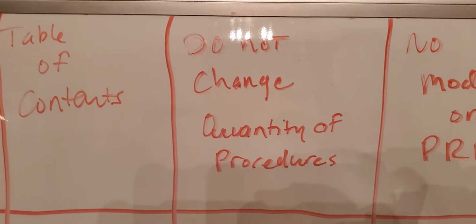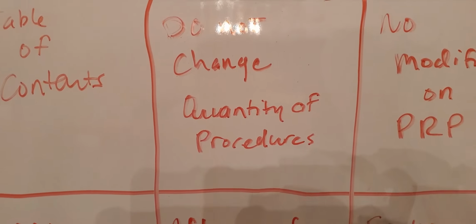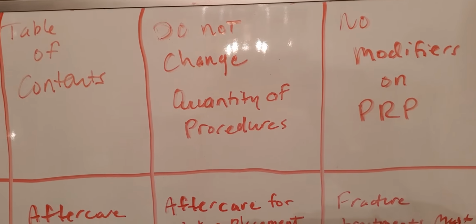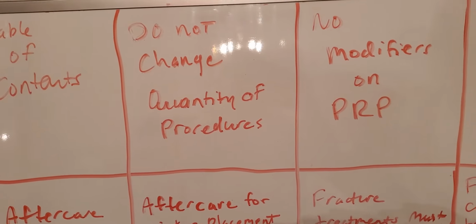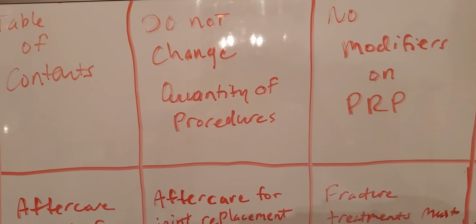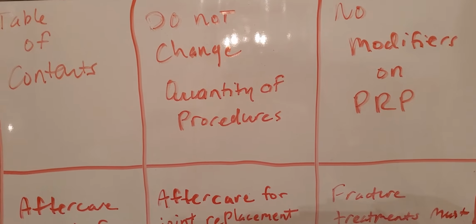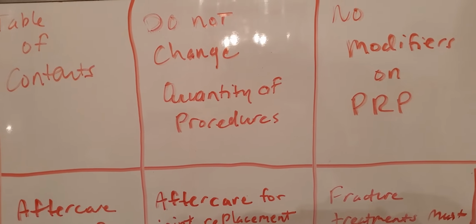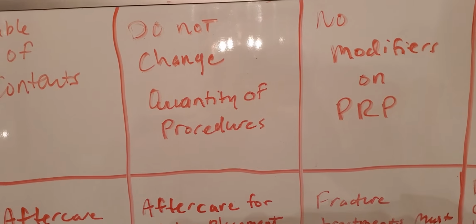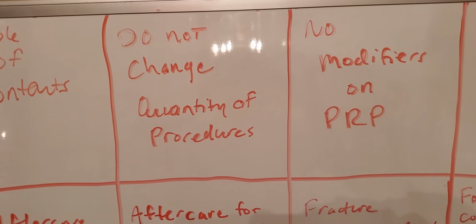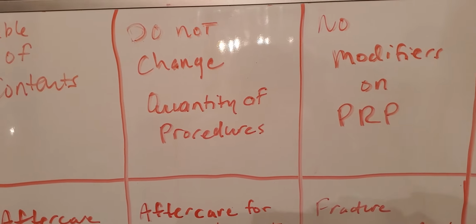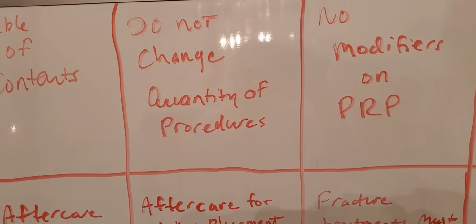Okay, the first one is do not change the quantity of procedures. I have seen them try to do this. Every facility's electronic medical record is different. So sometimes when a provider has to select their own codes, they will select a procedure quantity on that procedure. If the quantity is already included in the code itself, the quantity does not have to be changed.